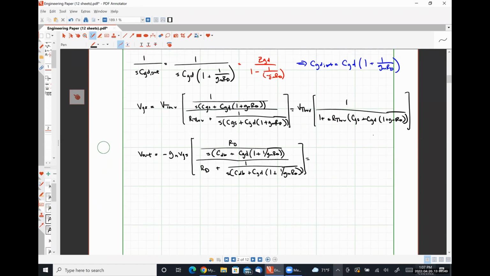And what that's going to give me, I'll do it down here so I don't run out of space, is negative GM VGS times a factor of RD over 1 plus S RD times CDB plus CGD times 1 plus 1 over GMRD.